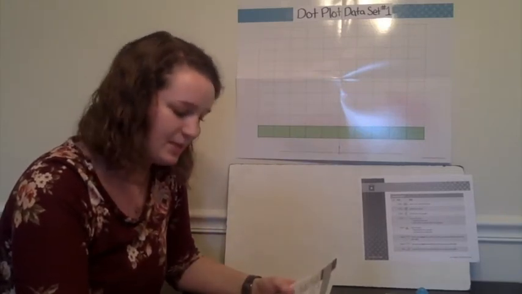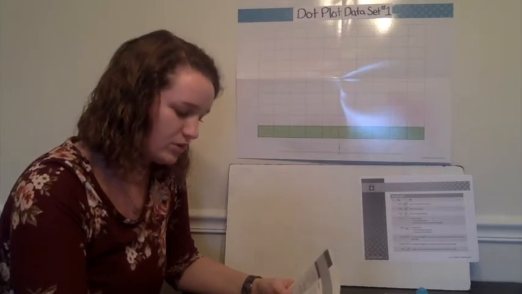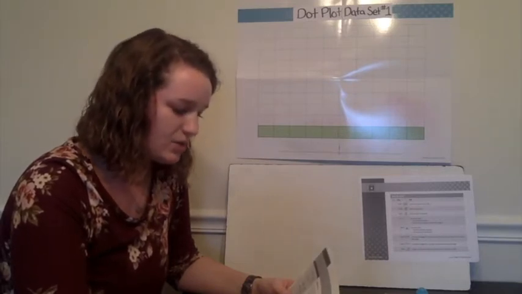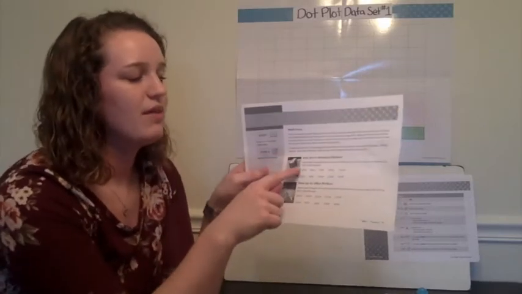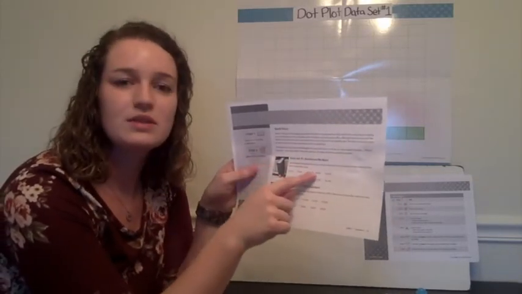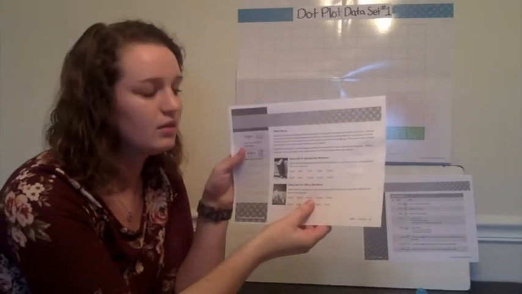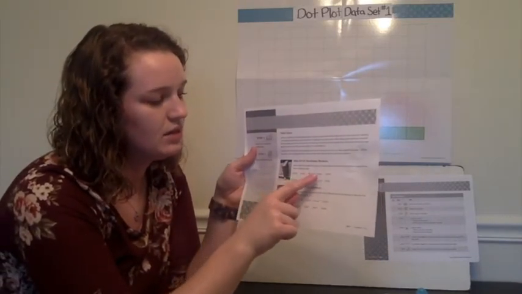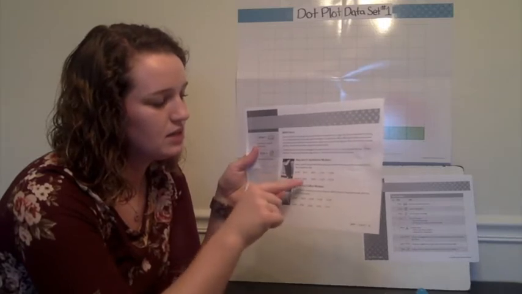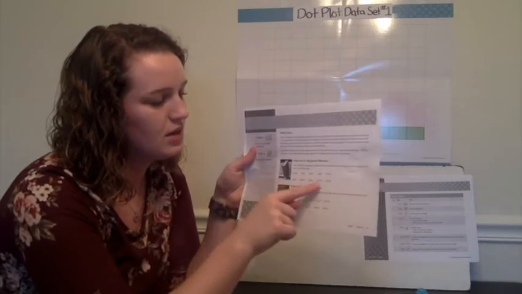James asked 10 people who work at a local bookstore how much money they make per hour. Here's what they said. So here we have our data set, all the amounts that they make. All right, so you have $10, $9, $8, $9, $10, $10, $9, $10, $11, and $12.